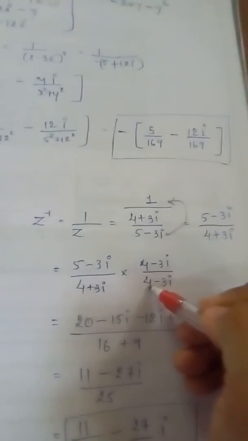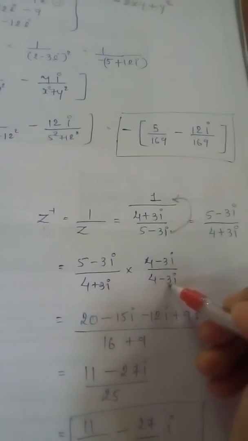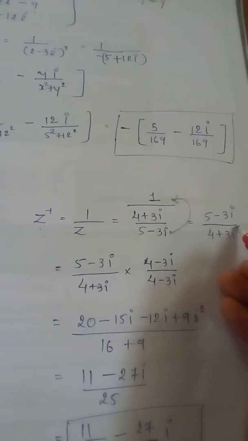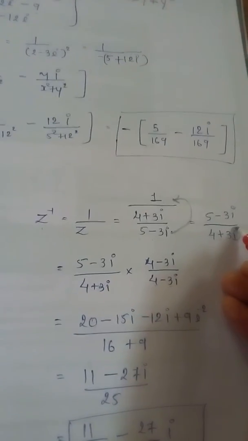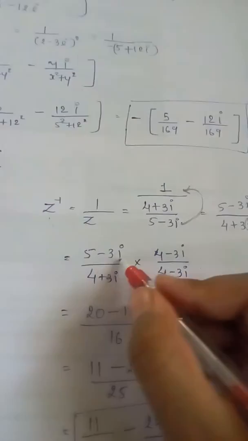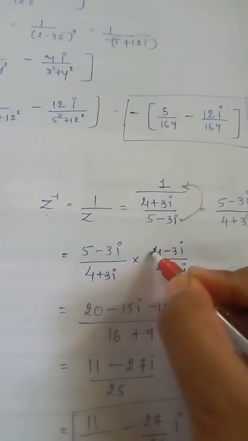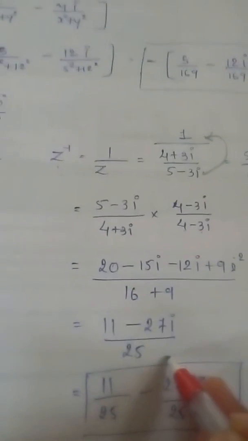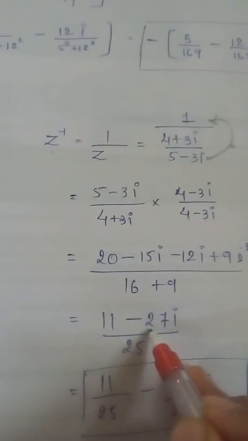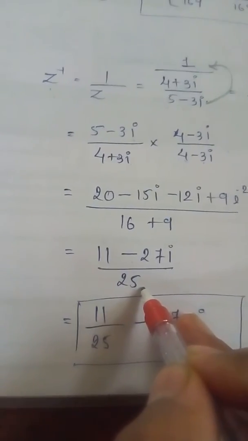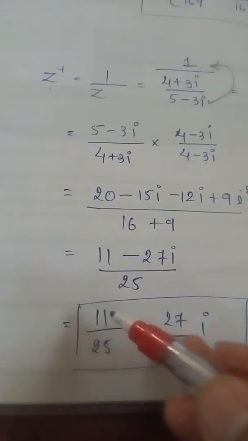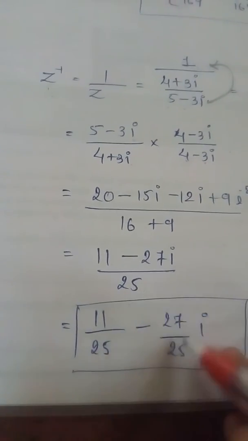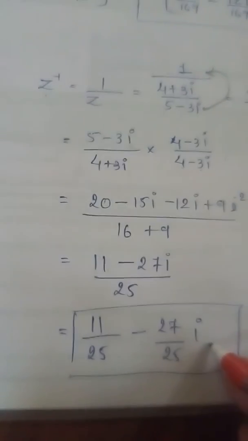Now you know the rest: the imaginary part is cancelled out by conjugate multiplication of the numerator and denominator. It will result in 11 minus 27i by 25. To write the answer properly, we write it as 11 by 25 minus 27 by 25i. So this is the answer.